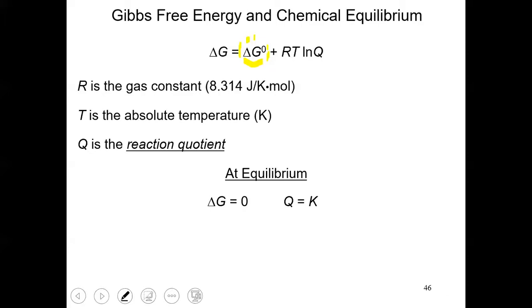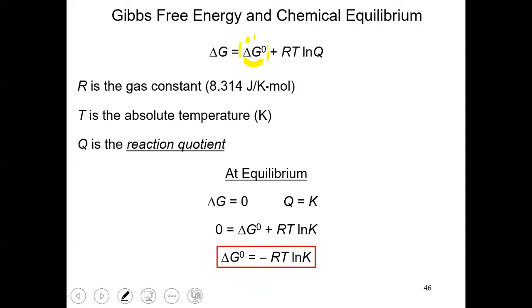If we substitute these values in the equation above, delta G is 0. Remember, delta G is the actual free energy change for the reaction as is. Delta G naught is just under standard conditions, and we're saying no, we're not in standard conditions here. Instead of Q, we put in K, and we can rearrange this expression to give us this beautiful equation. It gives us the connection between the standard free energy change of a reaction and the equilibrium constant.